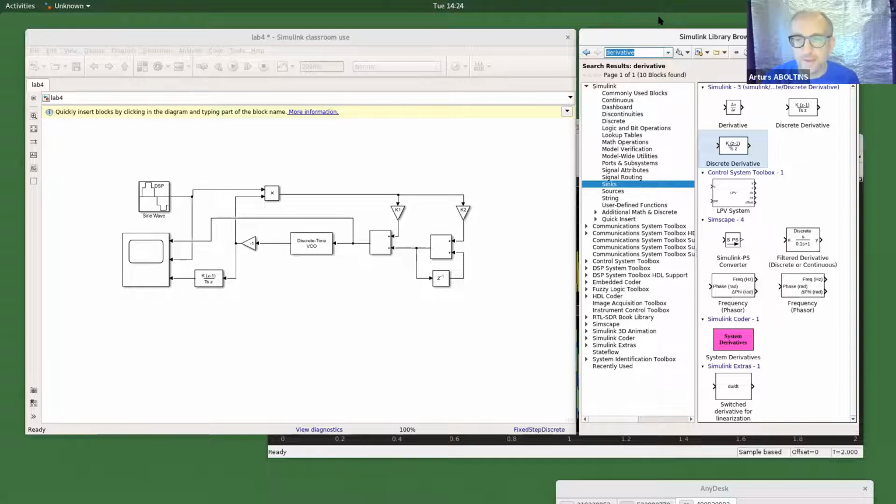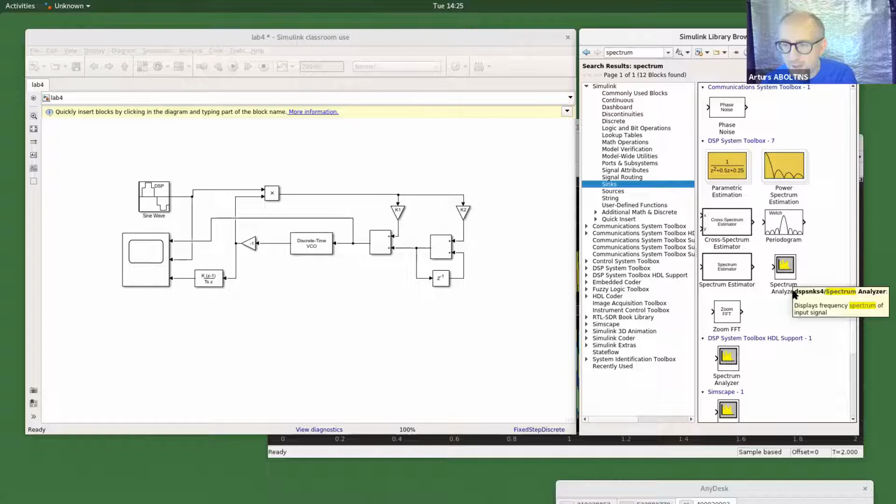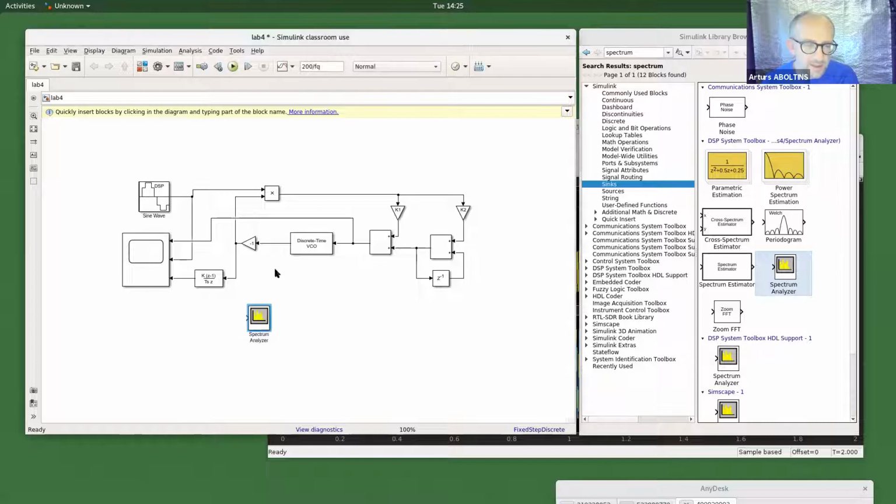Okay, good. So we just find the spectrum analyzer, but do not use the audio toolbox; we use the DSP system toolbox, and we measure this signal generated by the PLL.